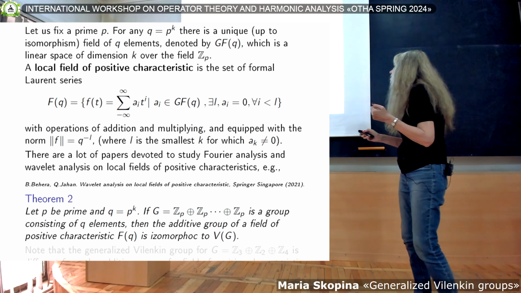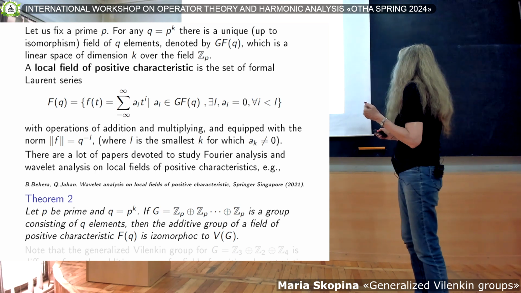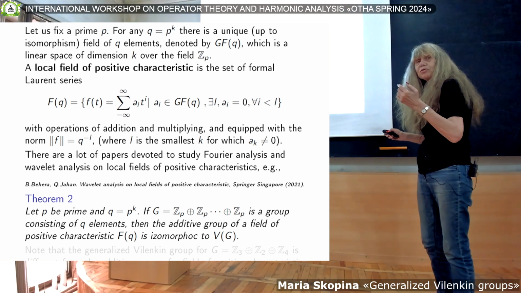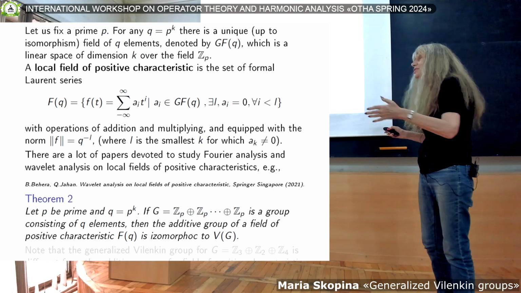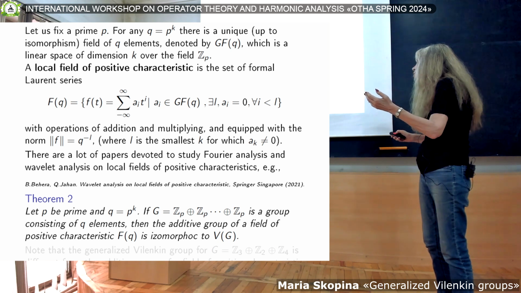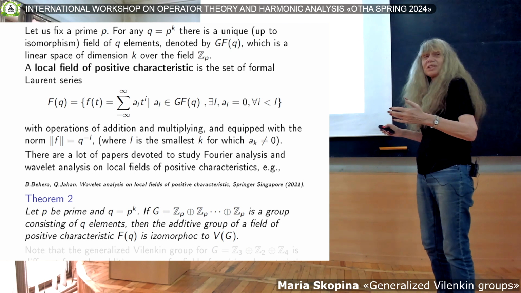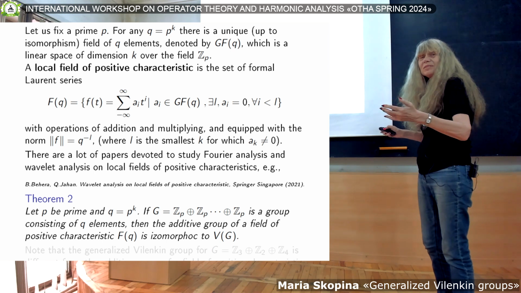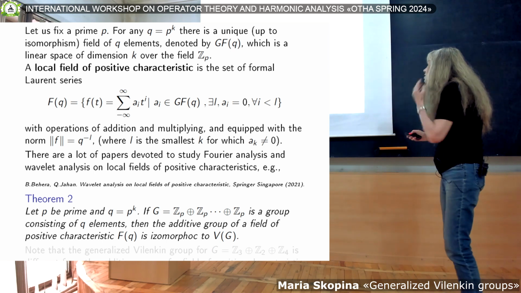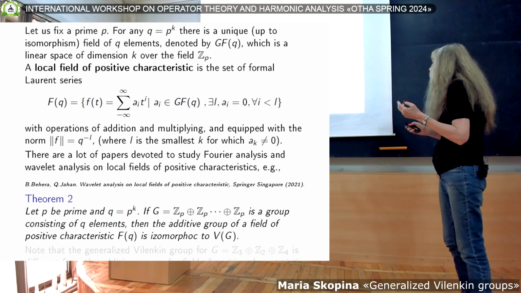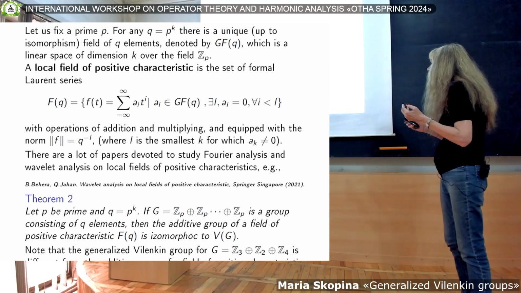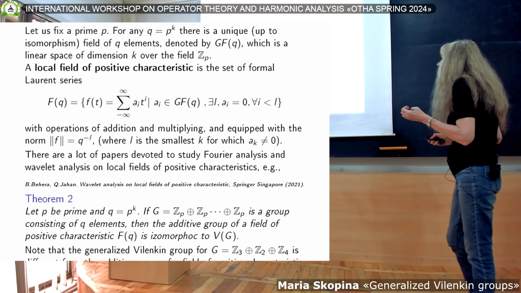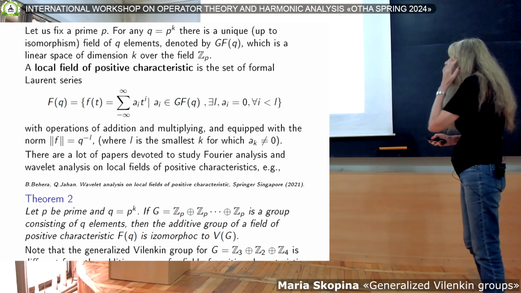So any additive group of a field of positive characteristic is connected with our generalized Vilenkin group. But what about the inverse? The inverse is not correct.